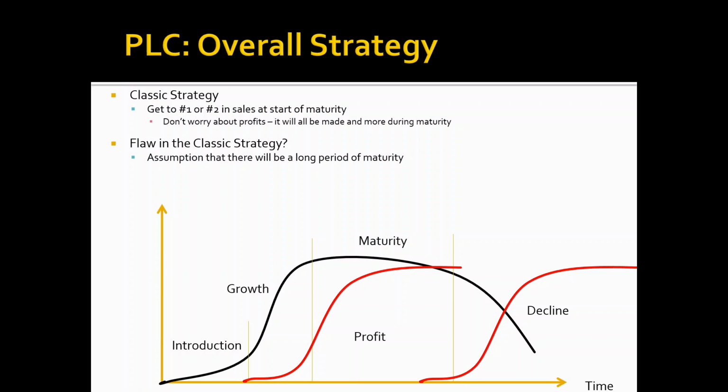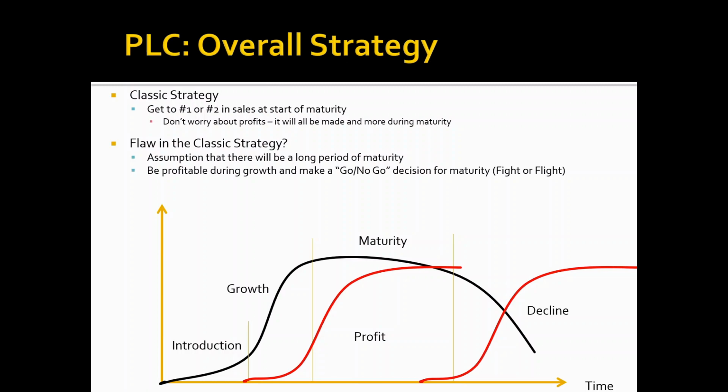And you just can't count on a long period of maturity, which means that the strategy is that during the growth period, pretty early, assuming you cross the chasm, you have to decide whether or not you're going to stay in for maturity. If the answer is no, then you have to be profitable during growth, and then you sell your product.